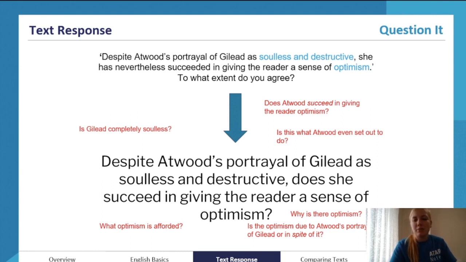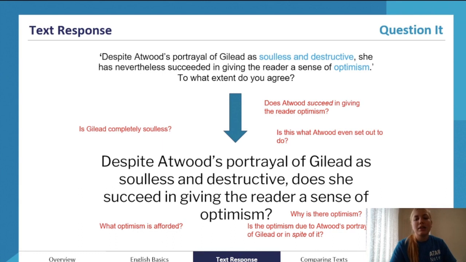If I want my argument to be more nuanced and complex, I look for the ways in which he is not portrayed as soulless, but we do see some humanity. Does Atwood succeed in giving the reader optimism? And is this even what Atwood set out to do, or was it something else that the author was aiming to do? Why would it be optimism? What optimism is afforded? How do we see optimism?